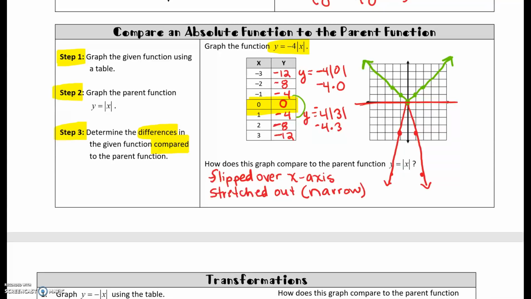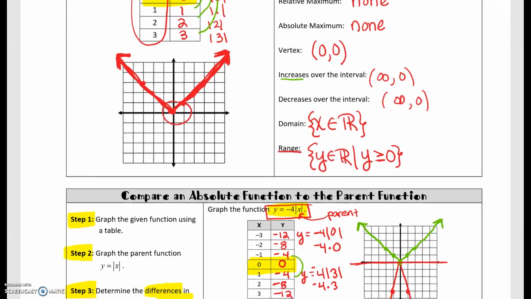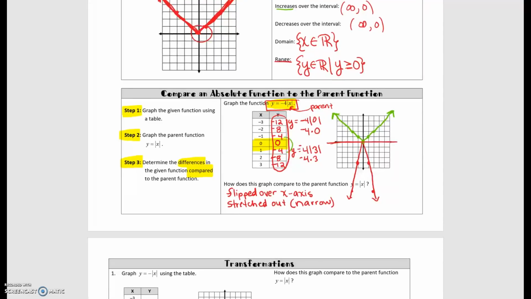Now we can actually figure out why that happened. If you look back up here at our original function, there is the parent. Absolute value x is the parent. In front of the parent is a negative 4. So what has actually happened if I scroll back up and I compare the tables, you can see that these numbers have been multiplied by negative 4, which made it stretch out.